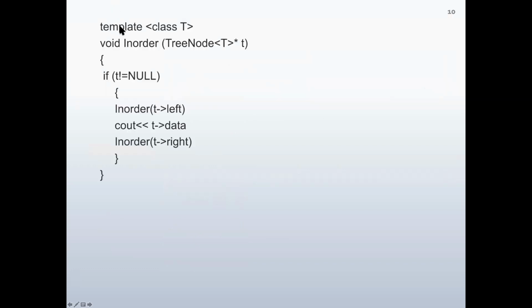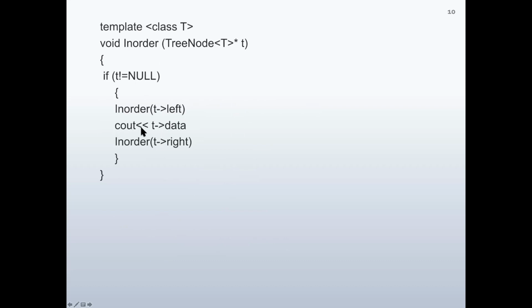Here is the implementation of the Inorder traversal on a tree pointed by T. T is a pointer to the root of the tree, and it is of type tree node T pointer. If T is not null, then call Inorder. It is calling recursively the function itself with the left field of the node pointed by T. So this is to traverse the left subtree.